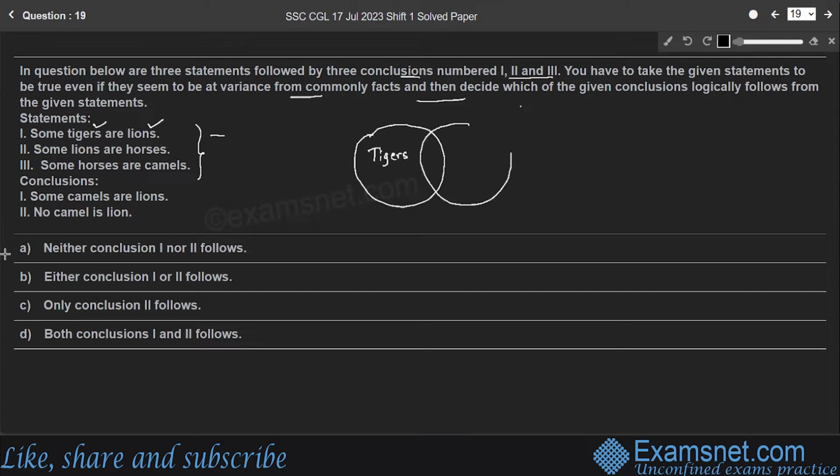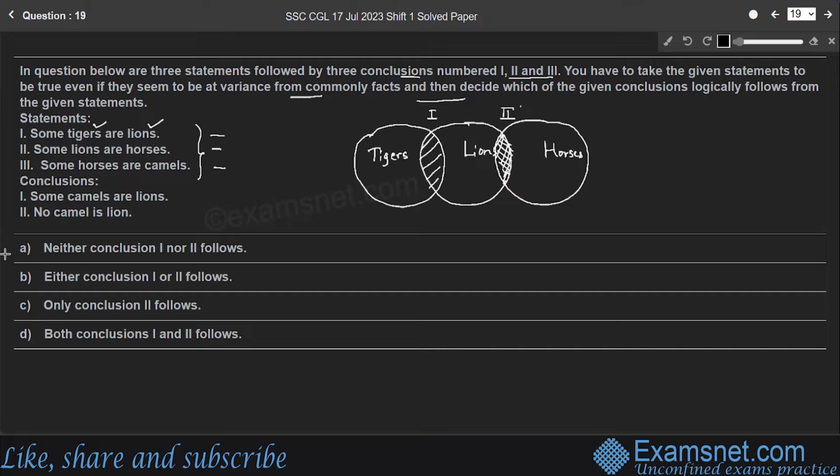Therefore, the set of lions will be like this. There will be a common portion which represents statement 1, some tigers are lions. The second statement is some lions are horses. There is a separate set of horses, and a common portion to both lions and horses represents the second statement, some lions are horses.